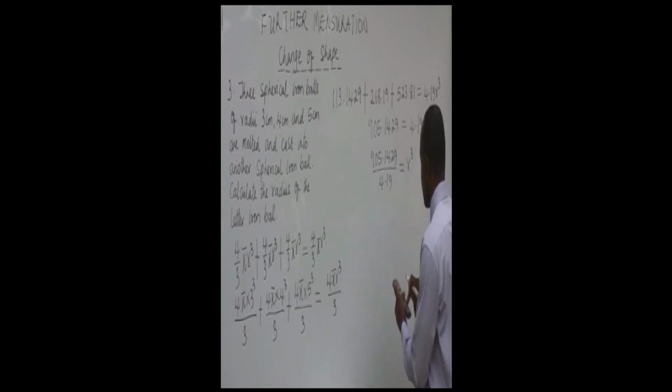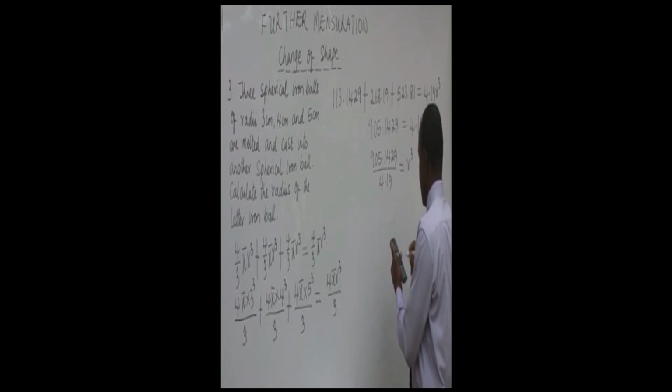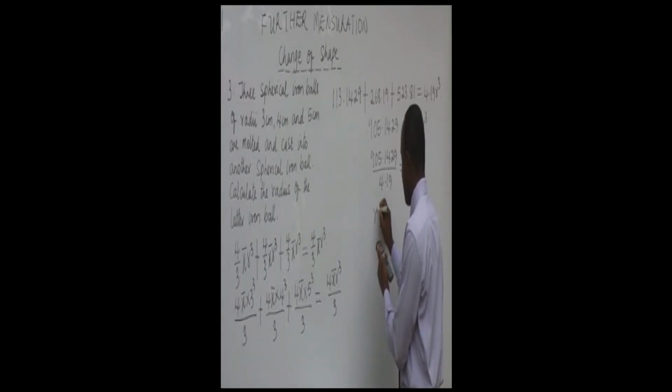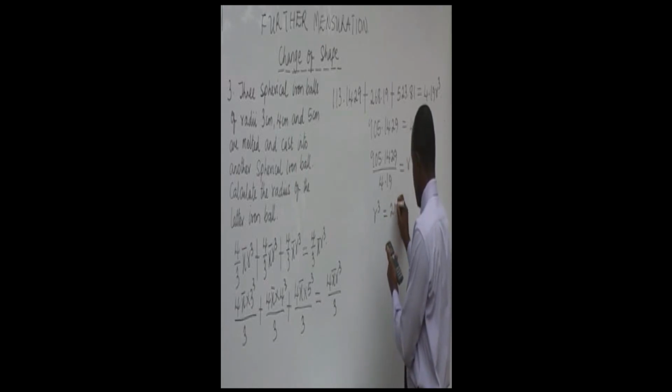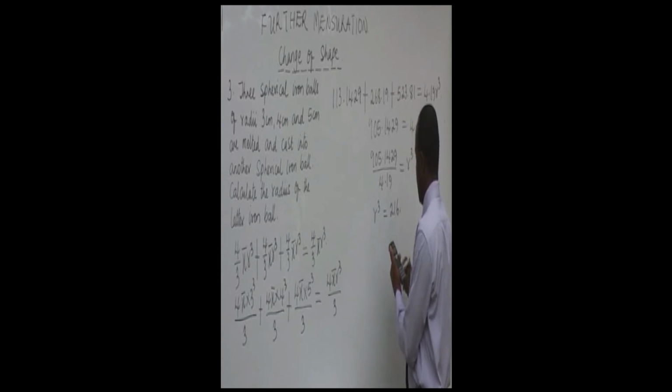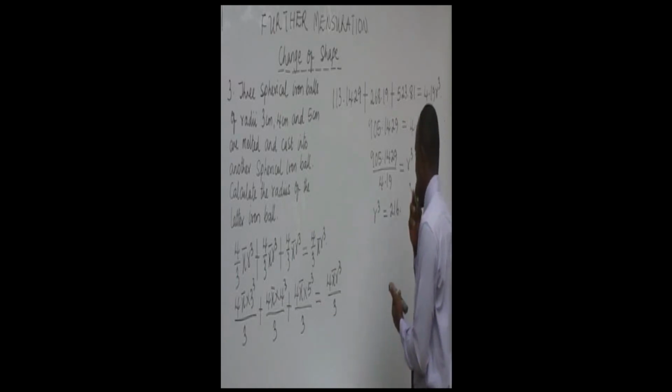So let's divide out. 905.1429 divided by 4.19 is giving me, so let's now have r cubed on the left hand side is now equal to 216.024. So let's leave it as 216.